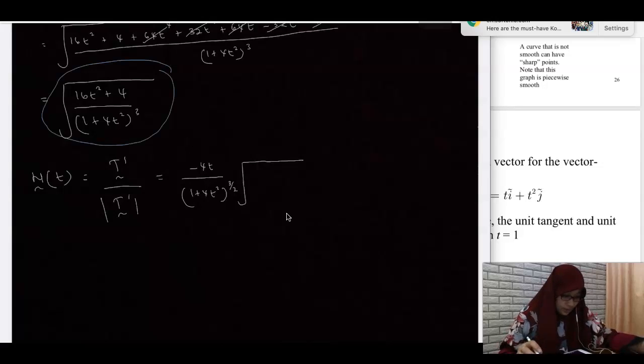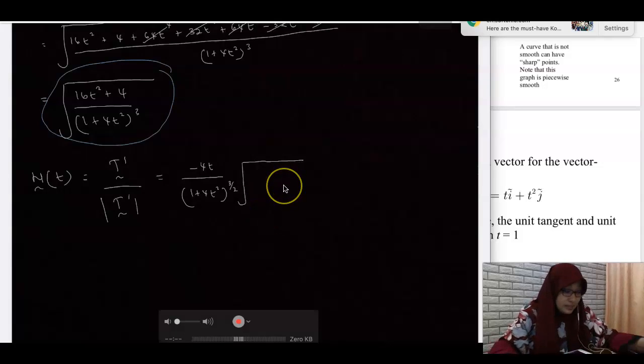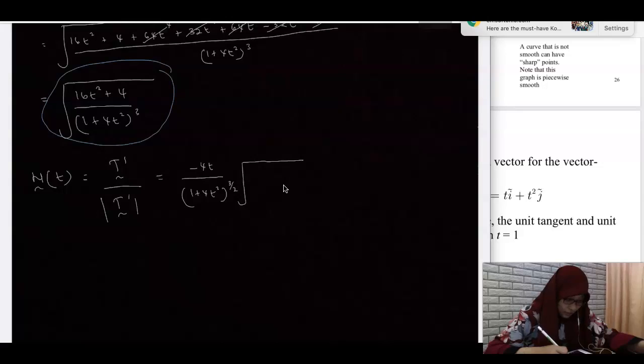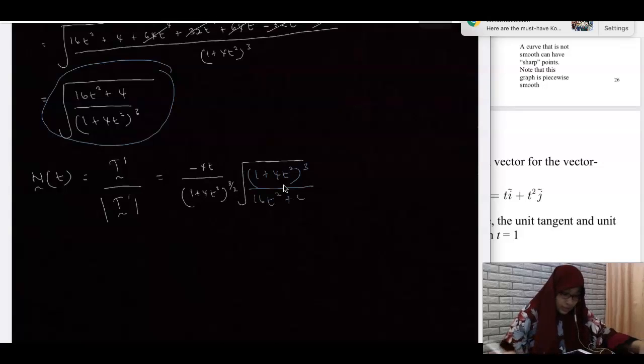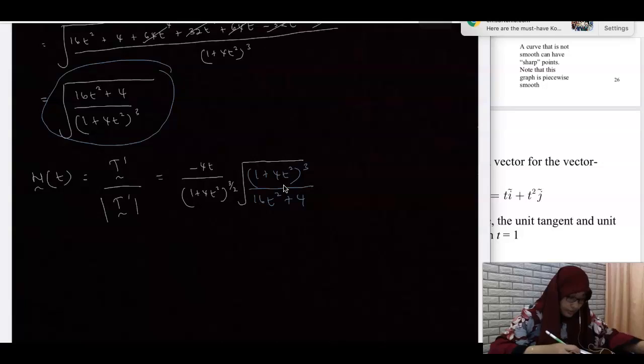Since it is divided, I just make it upside down. So here I have the square root of (1 plus 4t squared) cubed divided by (16t squared plus 4).